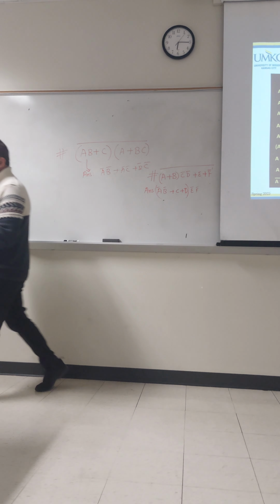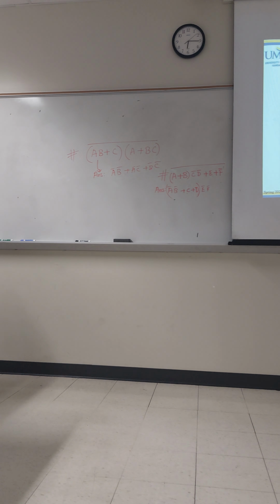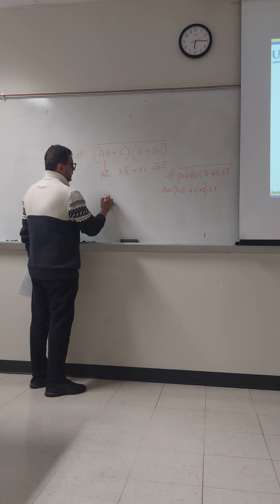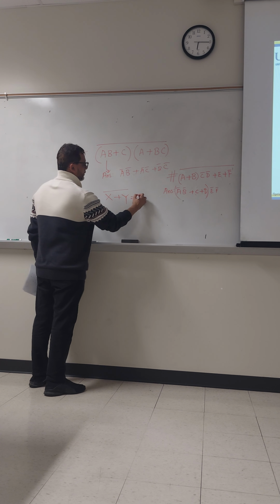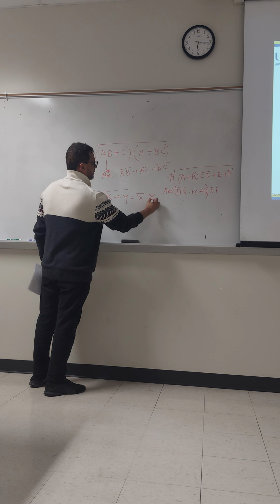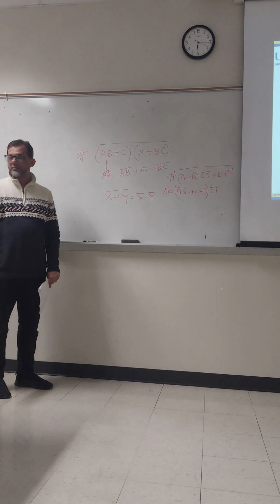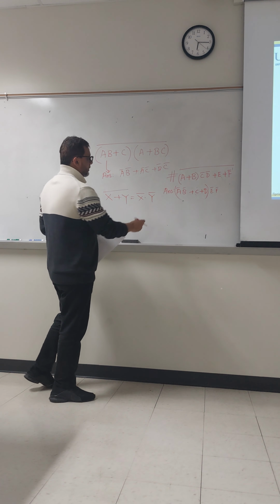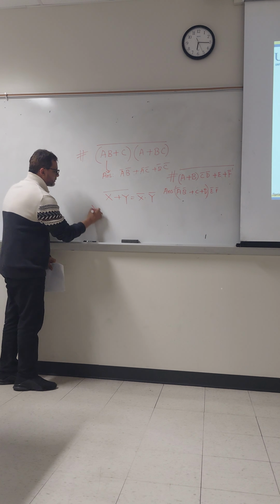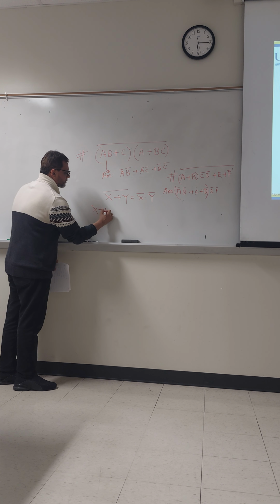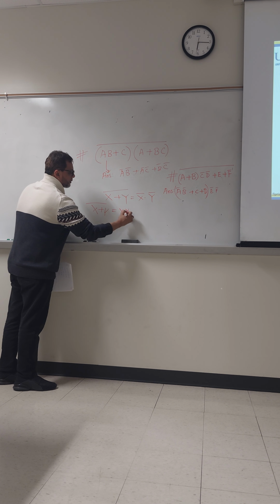So x plus y whole bar will become X bar dot Y bar. Right? Then again a plus b will become x plus y whole bar, which becomes x bar y bar.